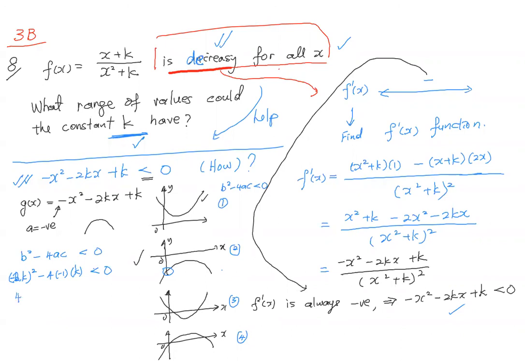So I have 4k squared plus 4k must be less than 0. Now I have another issue: how to solve this inequality in k. So I have to draw the sign diagram for this function. I call it h(k), that is 4k squared plus 4k. So I draw the sign diagram. That is k equal to 0 and negative 1. Am I right?